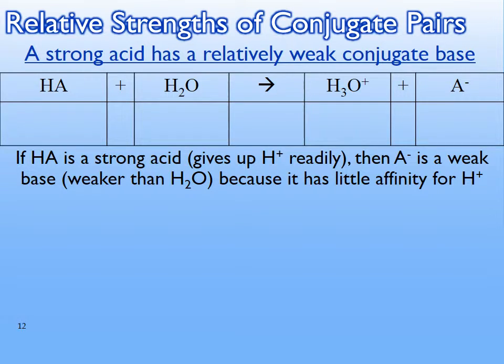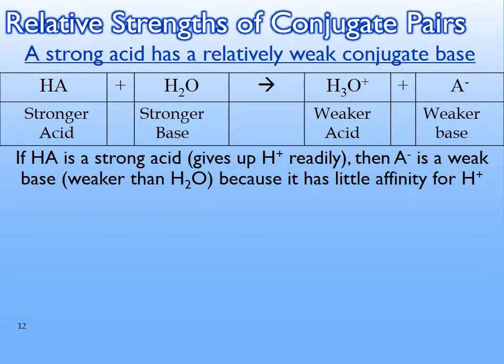So, here we go. If HA is a strong acid, then it must mean that the conjugate base must be the weaker base of the two bases around. The other base is water, right? Water must be the stronger base in this case, because it does accept hydrogen ions and forms the hydronium ion.